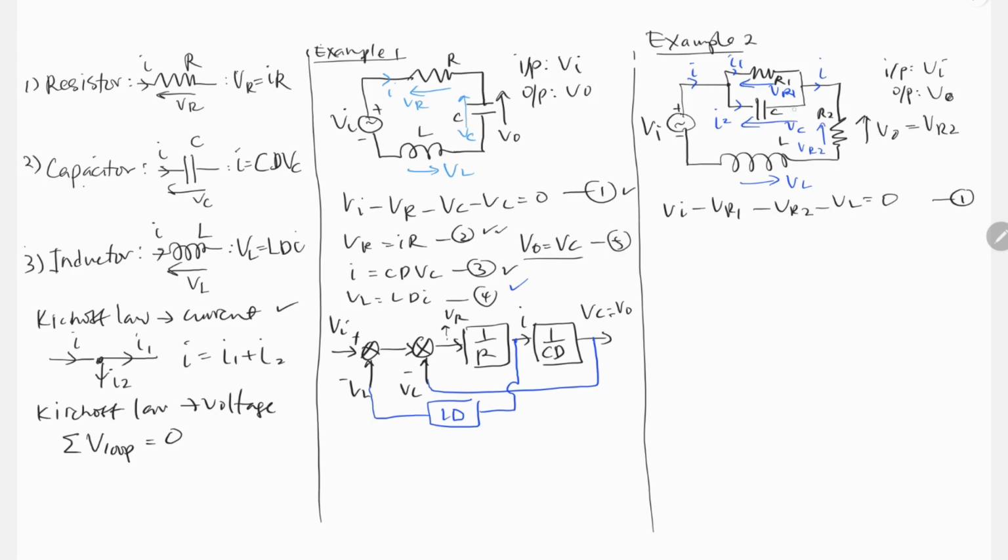Notice we have branches in parallel, so that's why I just put VR1, because the voltage across parallel branches is the same.